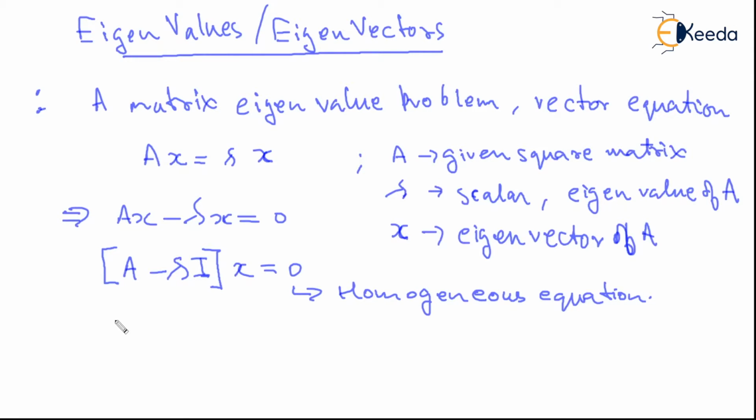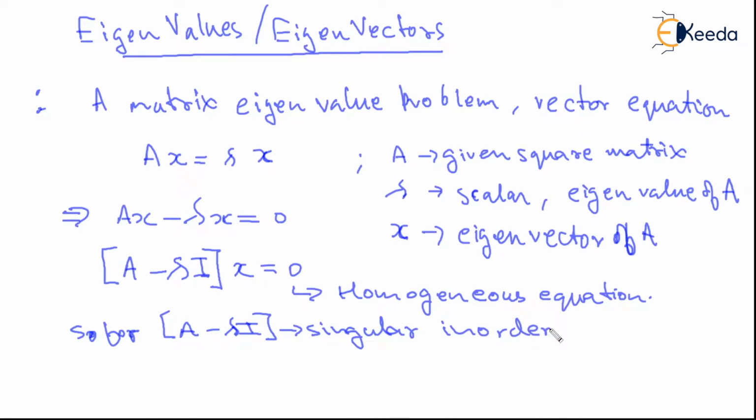So for A minus lambda times I to be singular, in order to have non-trivial solution, what is the requirement?